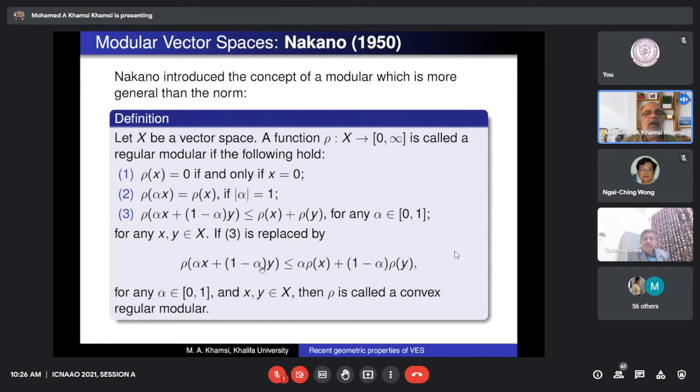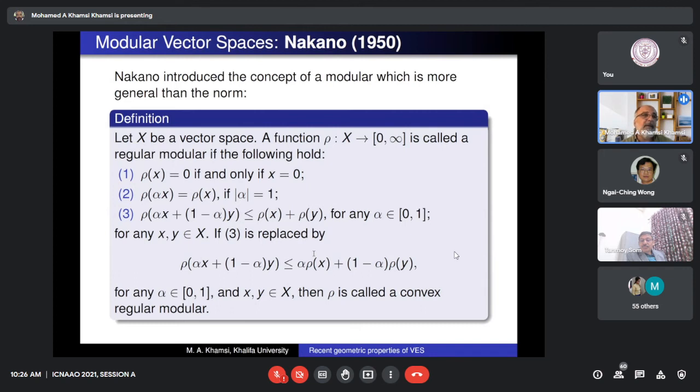Neither 3 nor 3 prime. It doesn't matter whether it's convex or not, but if you don't have the triangle inequality, you are in trouble. Why? Because what is rho of 2x? The rho of 2x is rho of x plus x. If you had the triangle inequality, it would be less than rho of x plus rho of x, and that would be 2 rho of x.